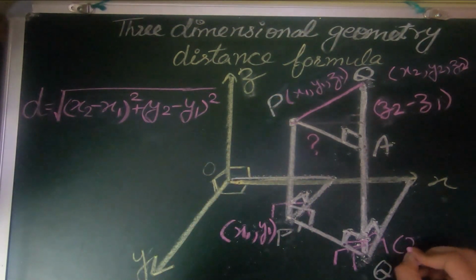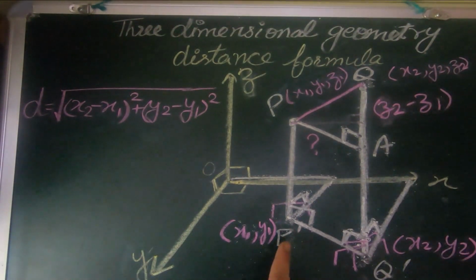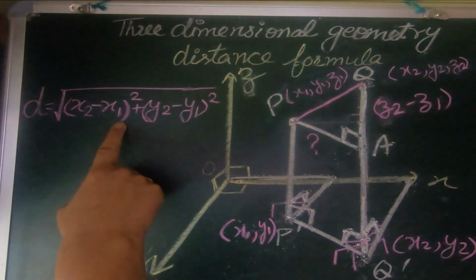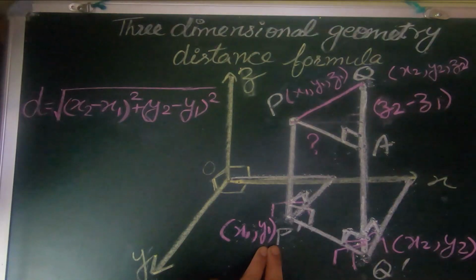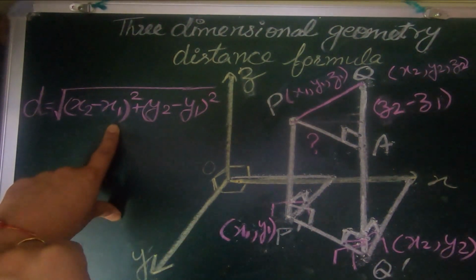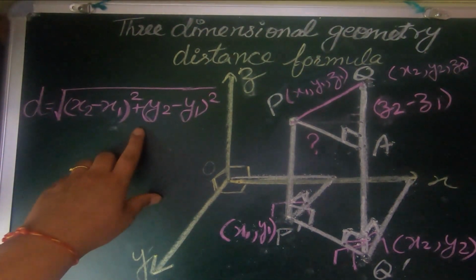Here the coordinates are x2, y2. Okay, now we can actually find out P dash Q dash, which is actually equal to the distance between 2 points in a plane. This is the formula. Just recall it. How was it? Otherwise you can ask me also. So this was the formula.